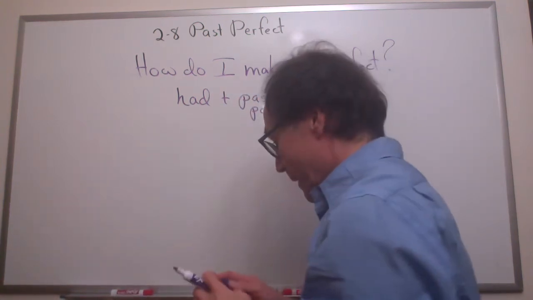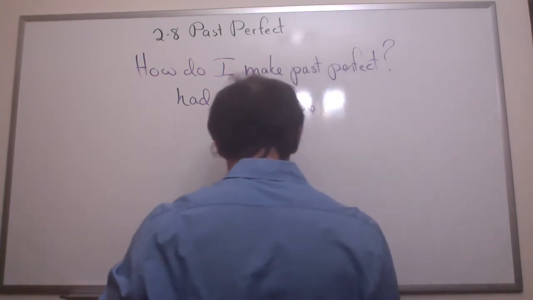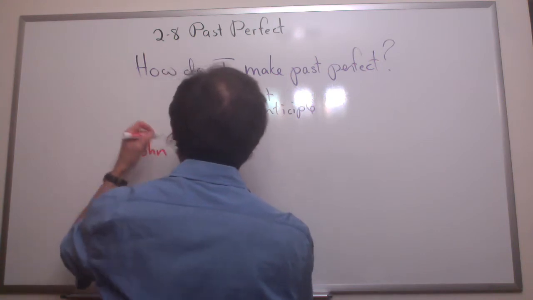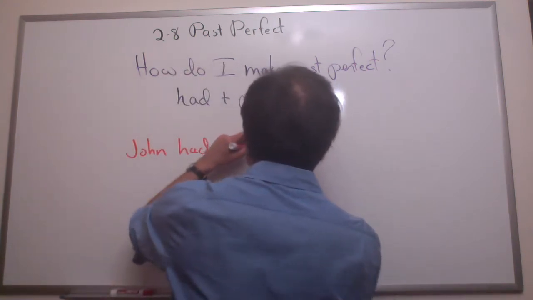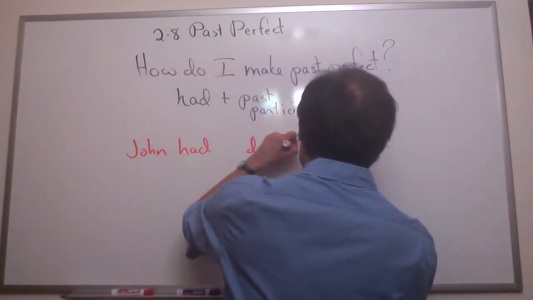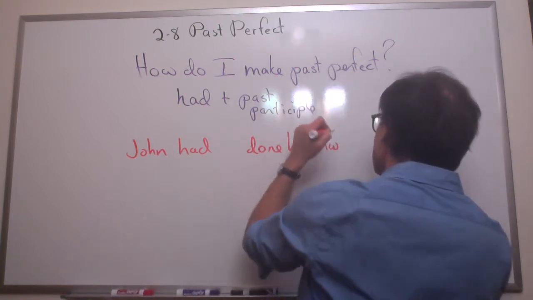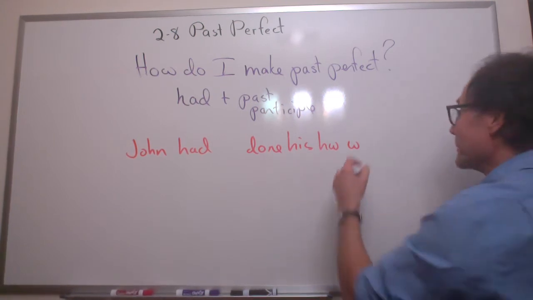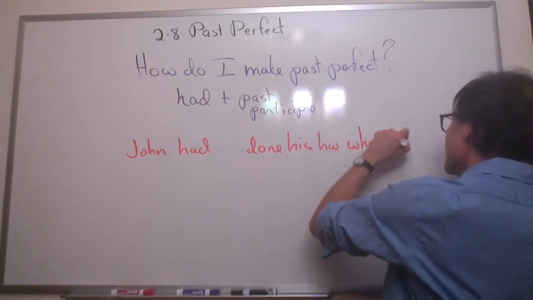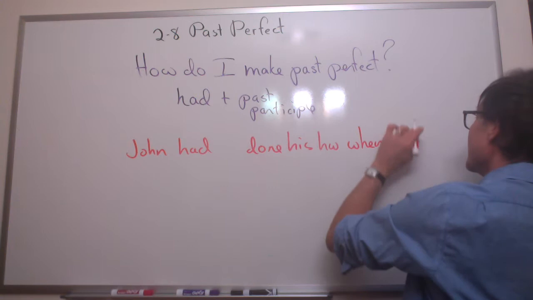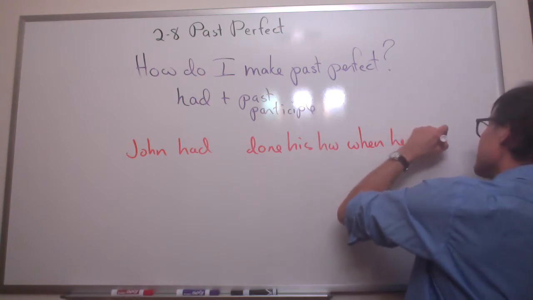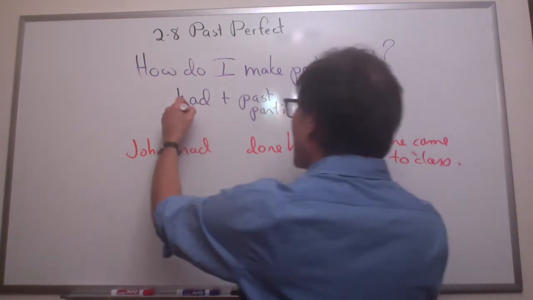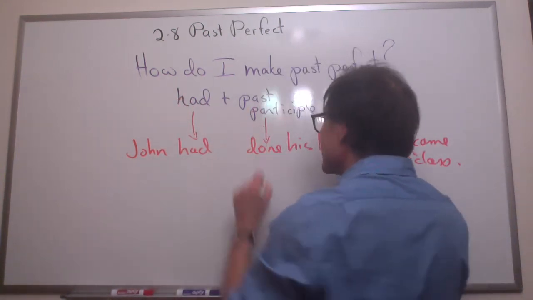So, for example, I could say, John had done his homework, where I wrote HW, short for homework, when he came to class. And you'll notice I have had and past participle.